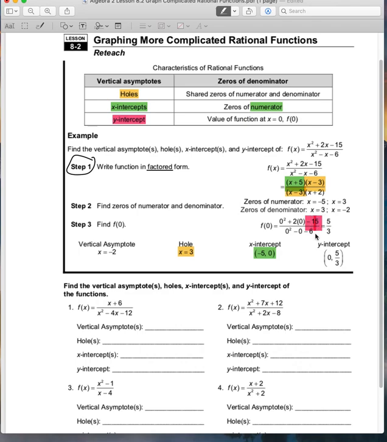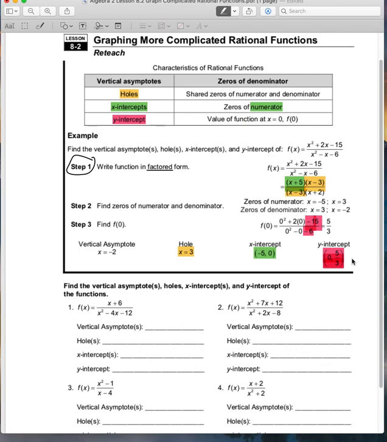And the negative 15 over the negative 6 reduces to 5/3. Therefore, the y-intercept is when x is 0, where it crosses the y-axis, and it comes from the relationship between the constant terms of the polynomials.